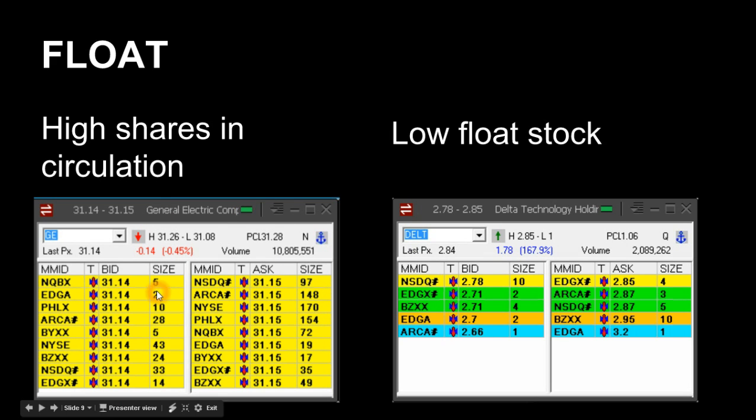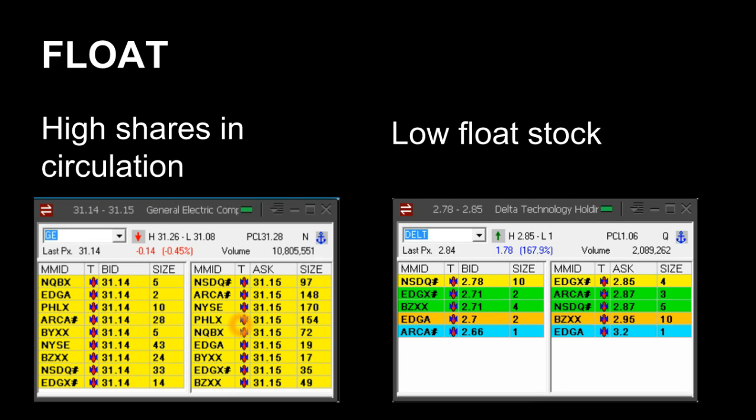And look at level 2. The level 2 is telling you that at each price level, it's only 1 penny of difference, a super liquid stock. The size is huge, bigger size, and I mean, you can see the depth of market in these stocks is really complicated. So I never recommend day trading this kind of stocks, the high float stocks.